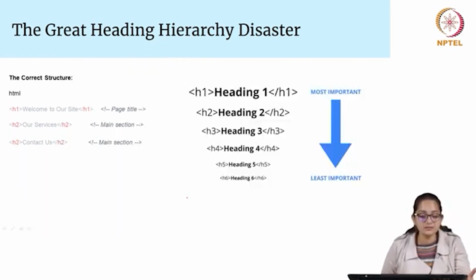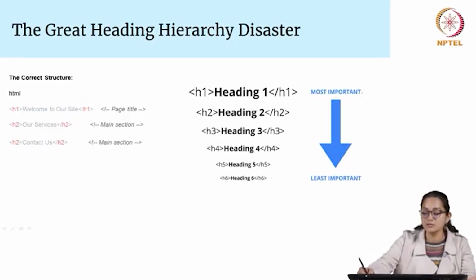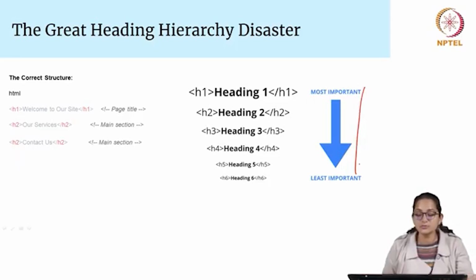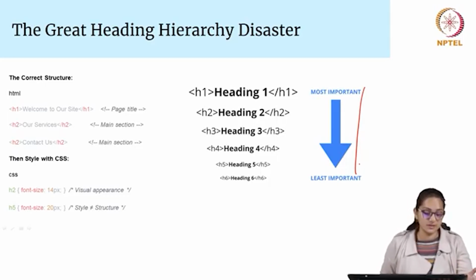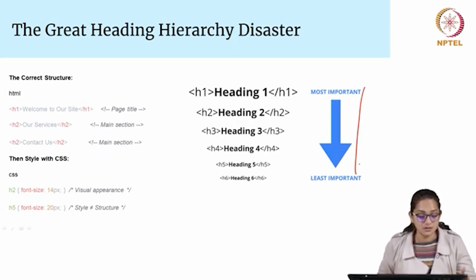So the correct structure is that we have to use h1, h2, h2, all of that, and it is always not only in terms of the visuals but also in terms of the hierarchy and importance. And then you can add style with CSS, right? Don't mess with the HTML hierarchy which is already there. So there you can define H2, the font size is 14px, right?